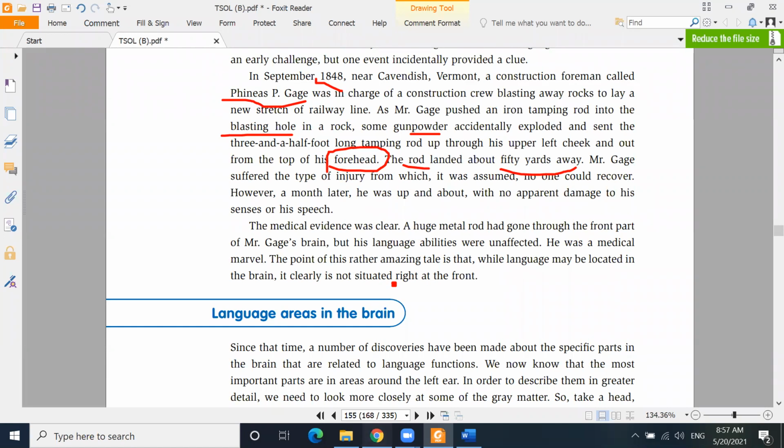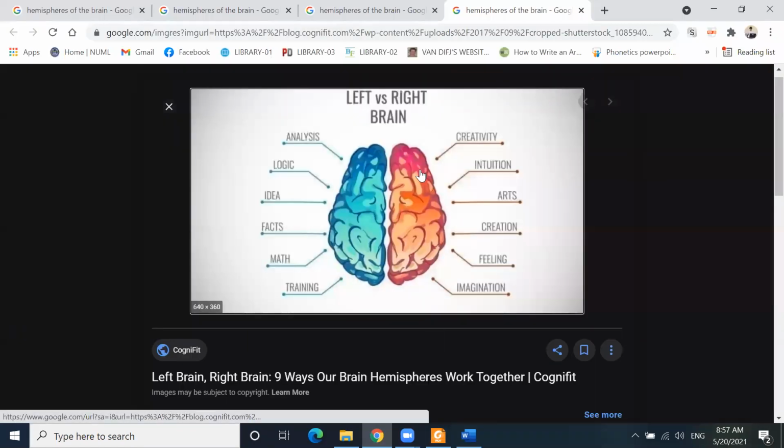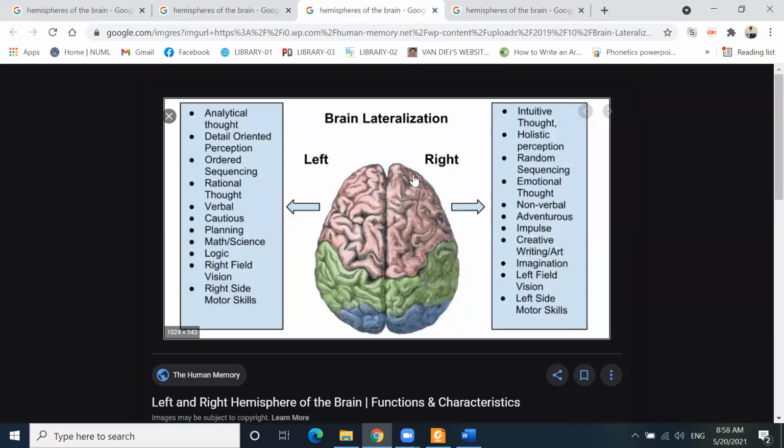People concluded from this experiment that the language faculty does not exist in the right hemisphere and does not exist in the front part either. देखिए ये उनका ब्रेन था, फॉर एग्जाम्पल मिस्टर गेज का ब्रेन था ये। तो what happened, Mr. Gage was a construction foreman, he was working in the rocks, bomb blasting.